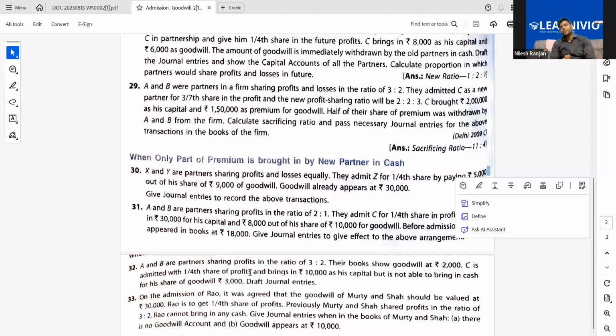I will give you 10 minutes. Actually, it will not take 10 minutes, but try this question. See the question and tell me if you have any confusion, so that before starting the question, you don't have any doubt.